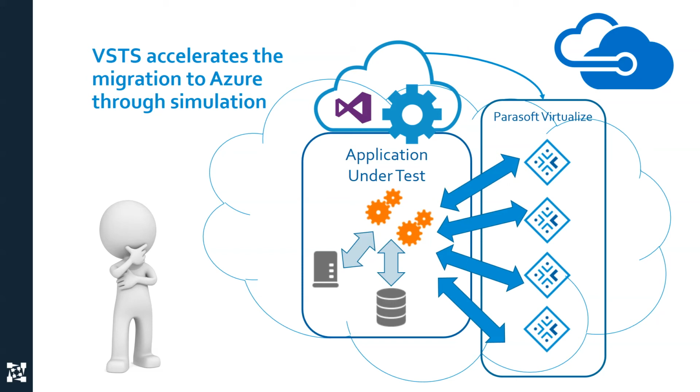This will allow us to have our application up in the cloud much sooner than we target, because we don't have to understand all the complexities of deploying all these different pieces. Virtual services will allow us to have just the right components to give us stability in our test environment.